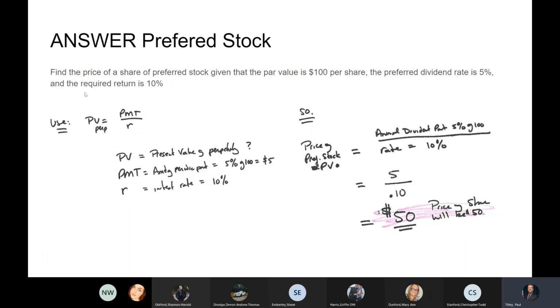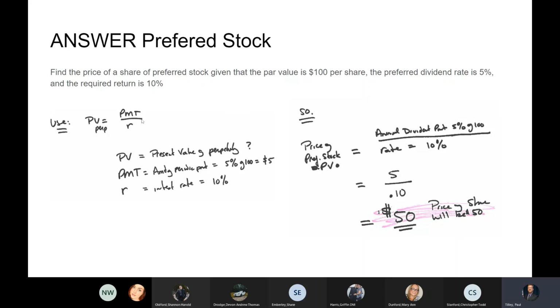So we know that the dividend is really a perpetuity. There's a perpetuity formula that we use, where we have the present value of the perpetuity, the payment, and the rate. We don't know what the present value of the perpetuity is. We do know the payment.